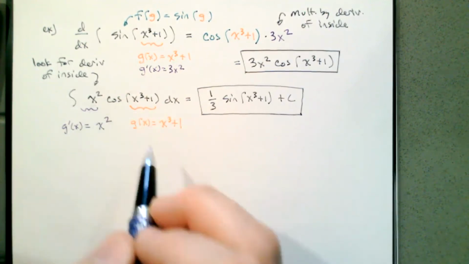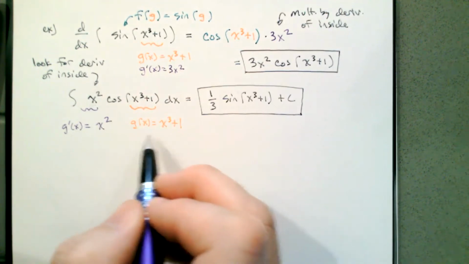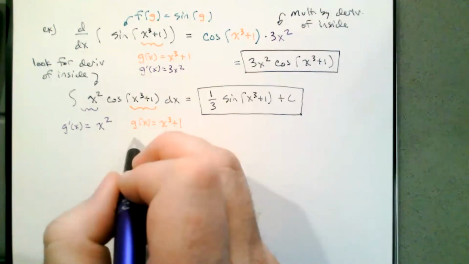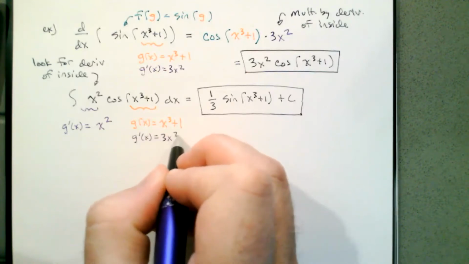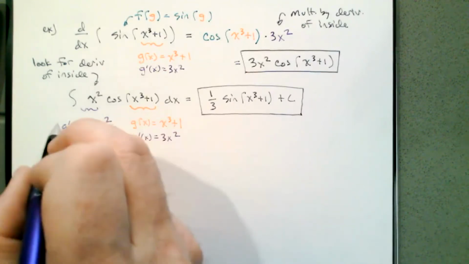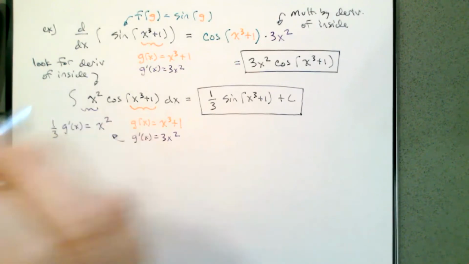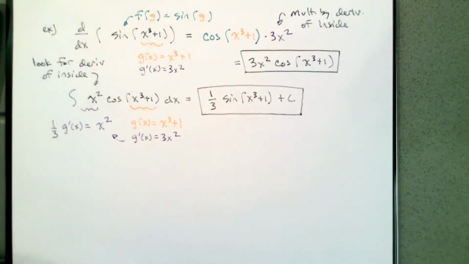Well, x squared is not exactly g prime of x because g prime of x is 3x squared. But we're only off by a constant factor. So 1/3 of g prime of x is equal to x squared. And that's where that 1/3 comes from in our antiderivative.